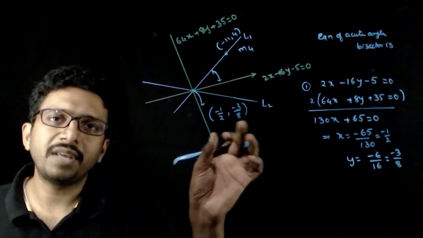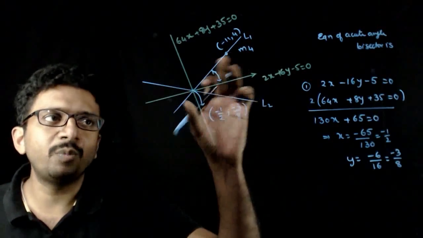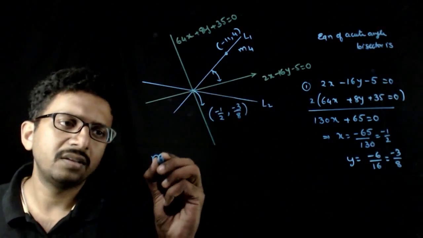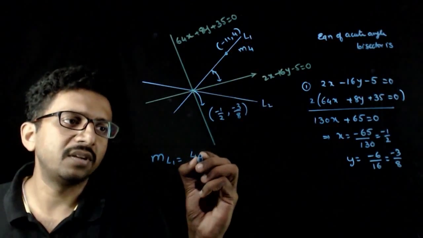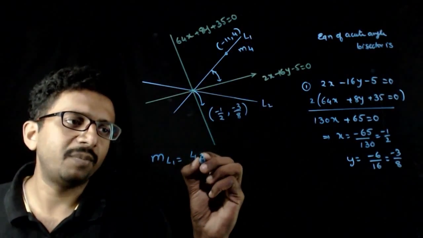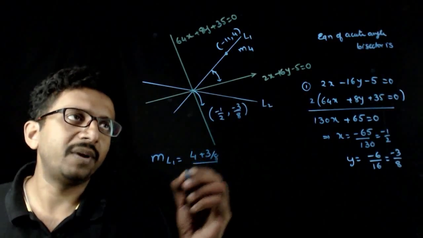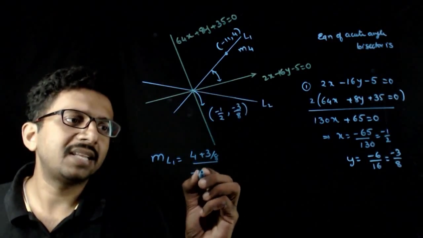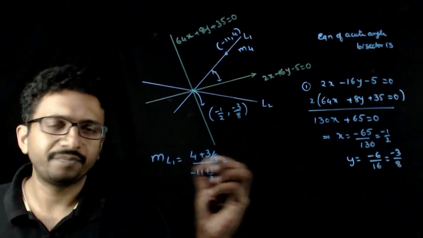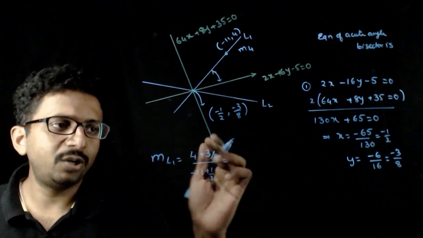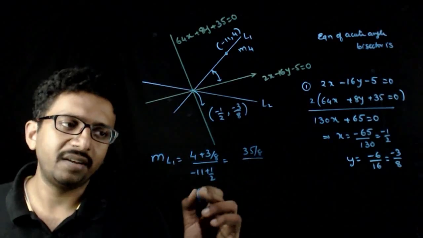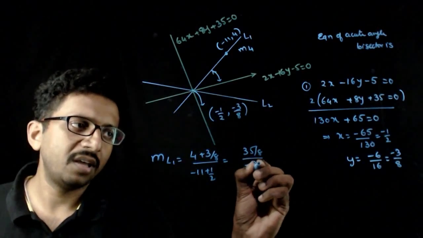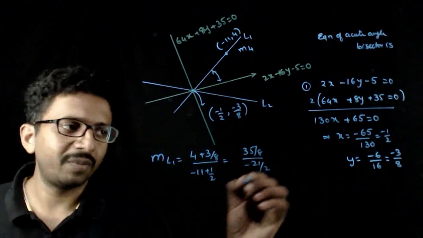Now once I have this point of intersection, I will find the slope of my line L1. So what is the slope of my line L1? It is y2 minus y1 by x2 minus x1: 4 minus of minus 3 by 8, so 4 plus 3 by 8, by minus 11 plus 1 by 2. That is equal to 32 plus 3, 35 by 8, divided by minus 22 plus 1, minus 21 by 2.